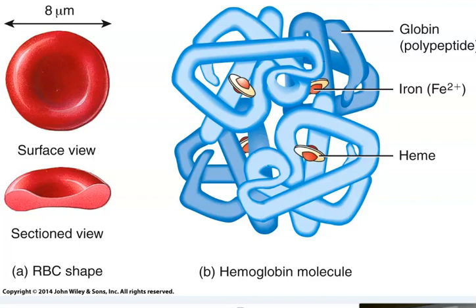So if you draw a little teeter-totter next to that and write down a couple of things here, first of all, if we don't have enough red blood cells, or a decrease in red blood cell volume, that is referred to as anemia. There are several forms of anemia.